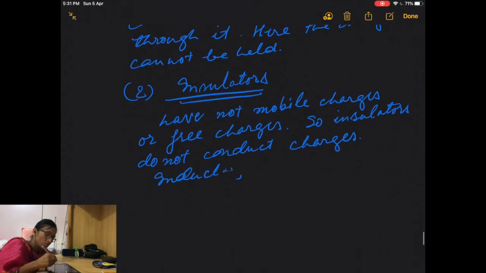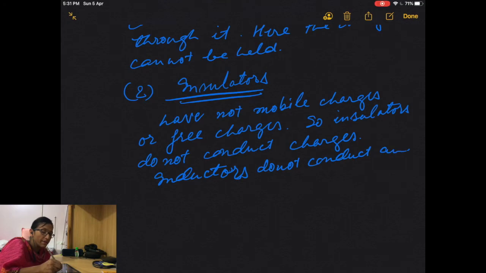Insulators hold the charges, do not conduct, and hold the charges.